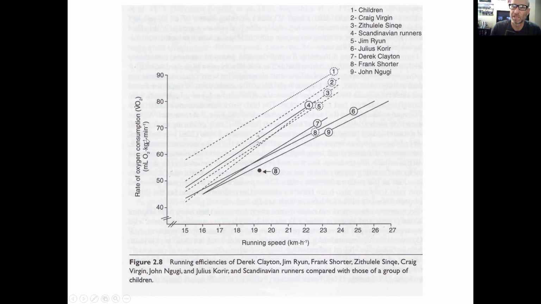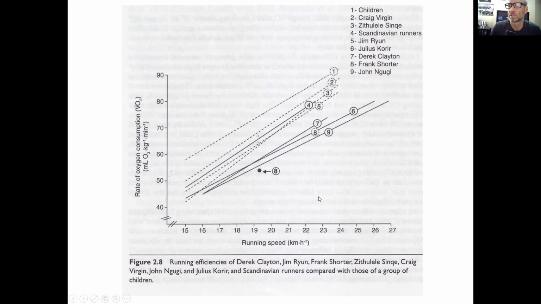This is mLs per kg per minute, so this is rate of oxygen consumption, and on the x-axis is running speed. And we can see these runners are all different in terms of where they fall, not only the maximum speed, but where they are for any given speed.